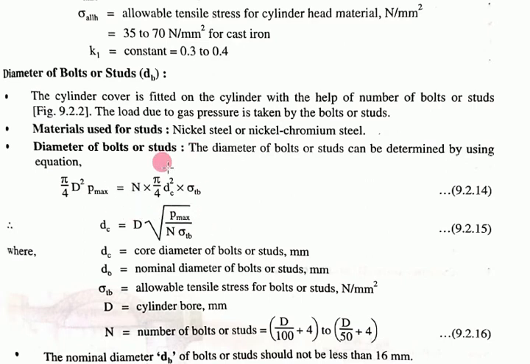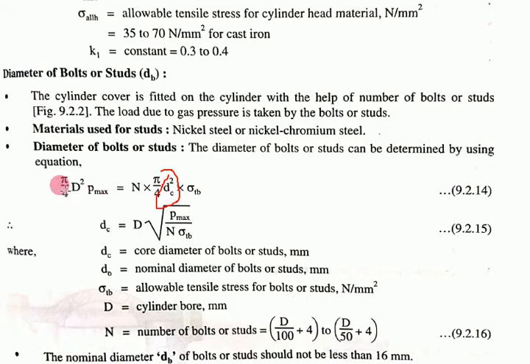There is no need to elaborate how this equation comes, but we have to compare the maximum pressure produced inside the engine cylinder with this equation for the stresses in the bolt. They should be equal. So by this equation we can find out the core diameter of the bolt.